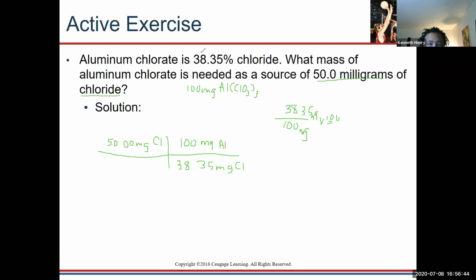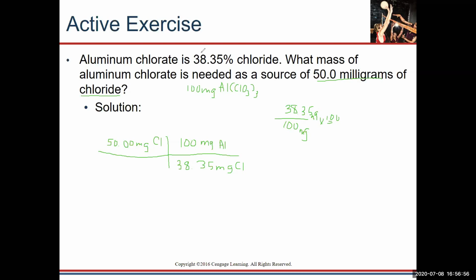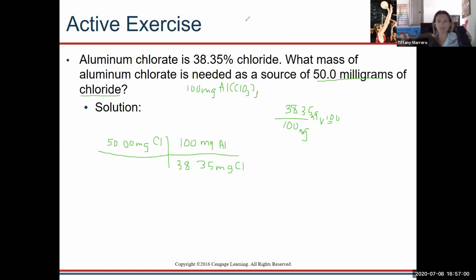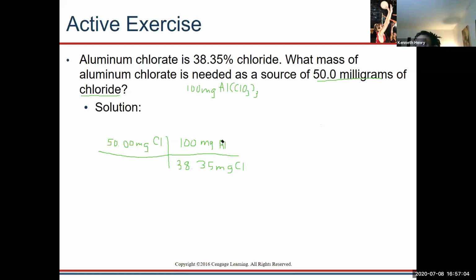So anytime you're talking about percentage, you can change it to its fraction and say, I'm assuming I have 100 grams of that. That's going to equal that decimal for that, right?